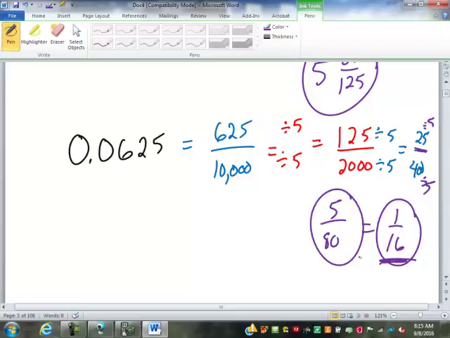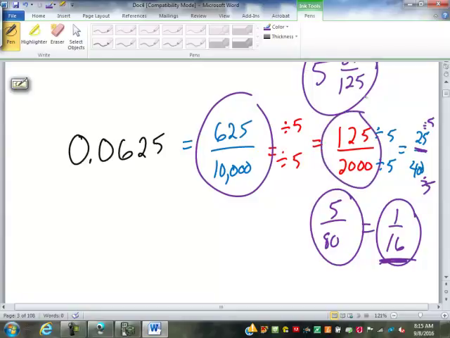You divided one by 25 and the other one by 5. So your first step, you divided each by 5, or did you divide by 25 first? So that should give you 125 over 2,000, right? So that should give you 5 over 80. Okay.